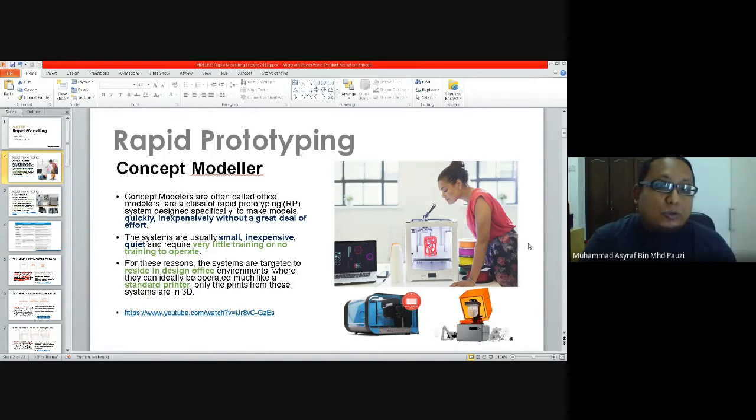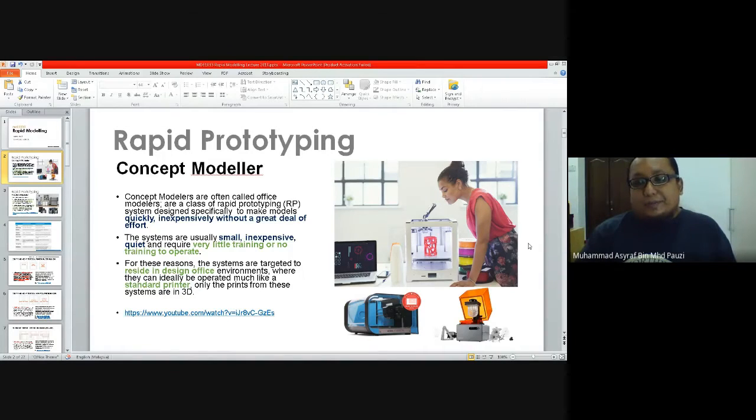It's easy to use, it's small, and the printer itself can be put on the table, just like any other printer in your office or in your room. With a little training or teaching, the operator or the user can use this printer straight away.